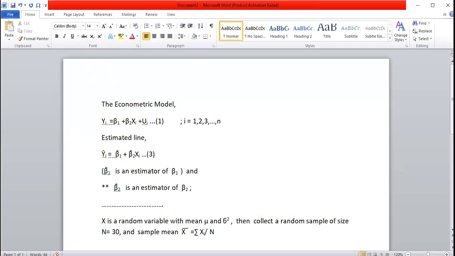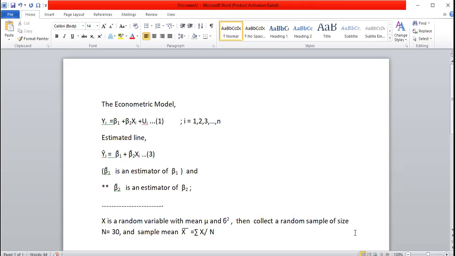It is a random variable. If X is a random variable with mean mu and variance sigma square, then there is something called the sampling distribution of the mean, which says the sample mean is also a random variable with a probability distribution.